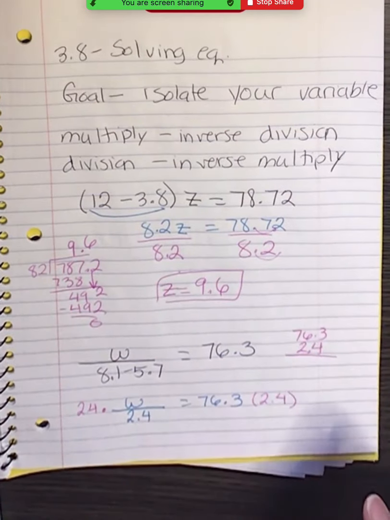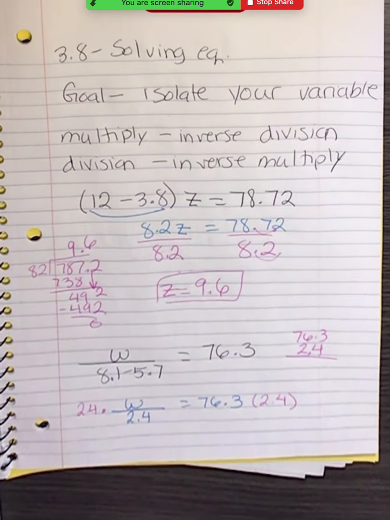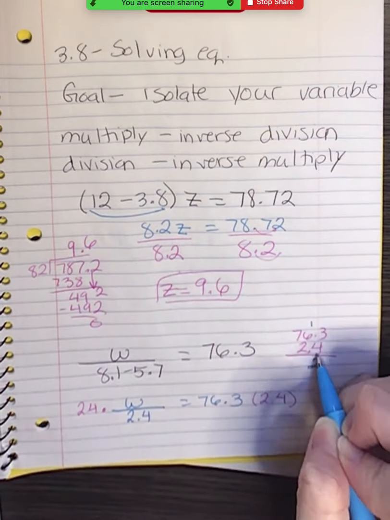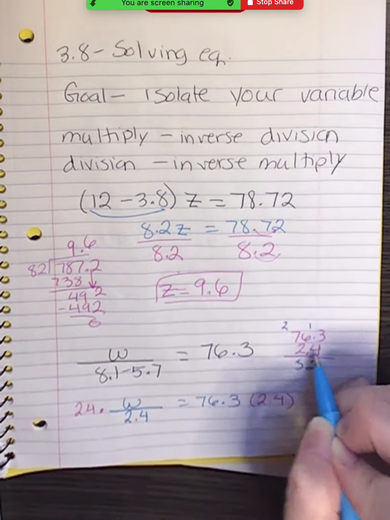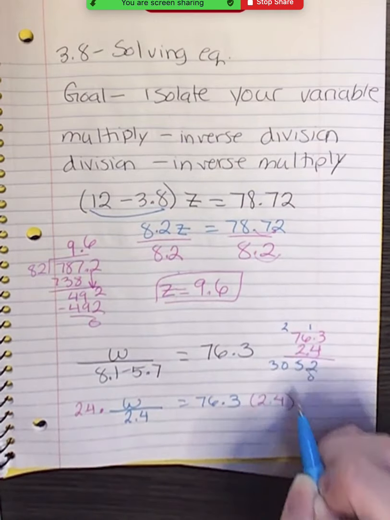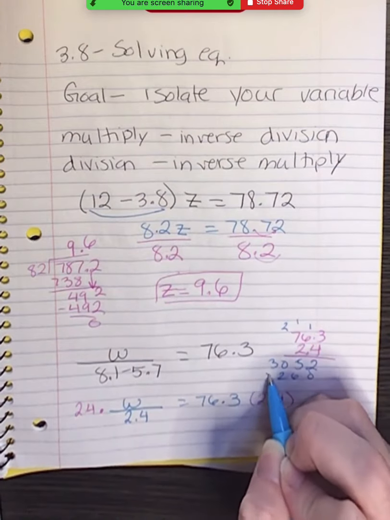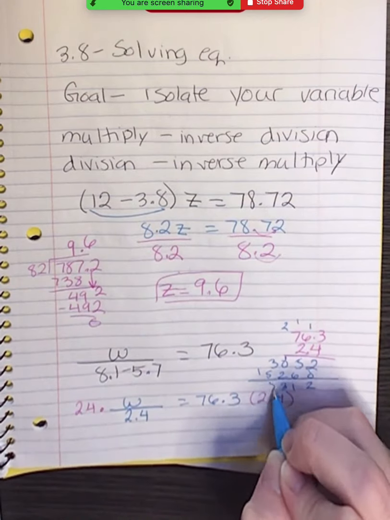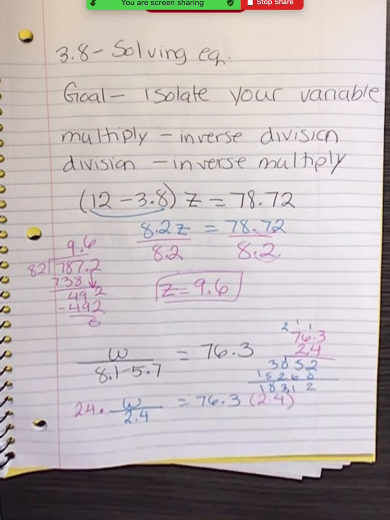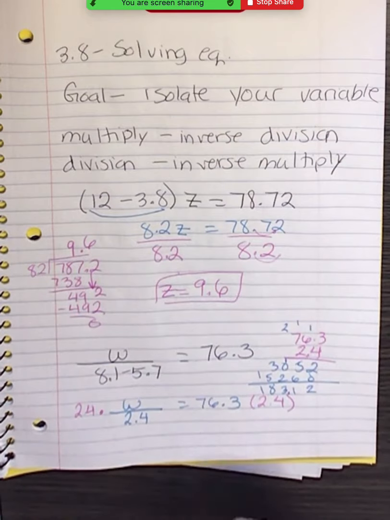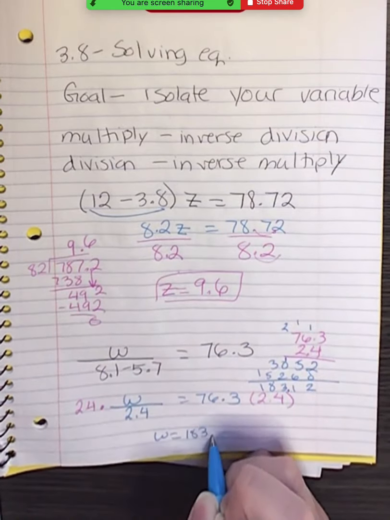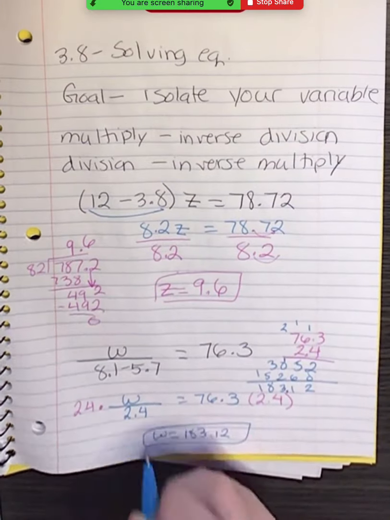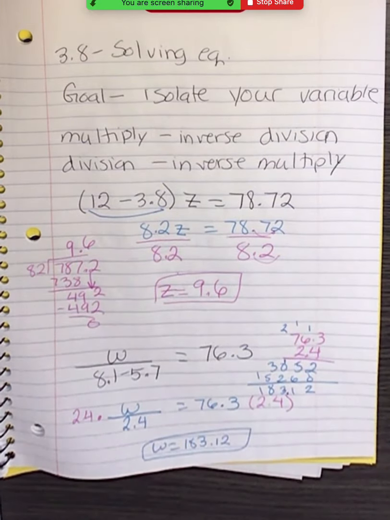Okay, 2 decimals here, so multiply down, that is 12. And then 2 places. You get 183.12 for W. And that is multiplying decimals and dividing decimals.